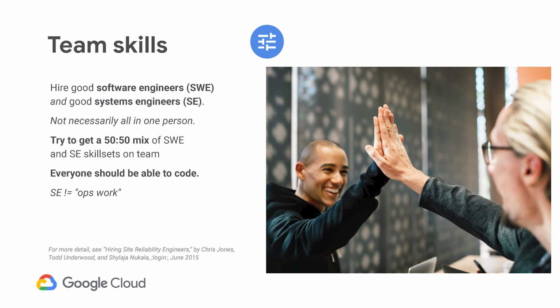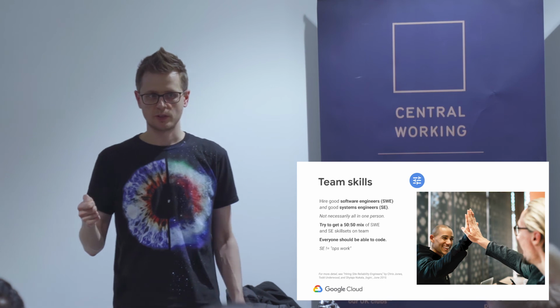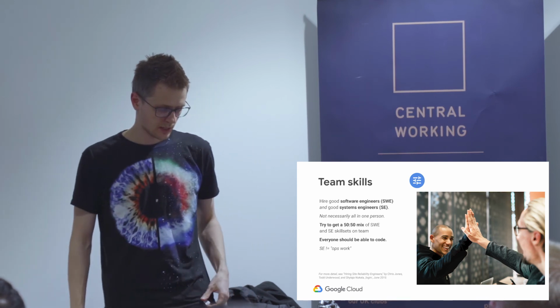As I mentioned, if you're going to treat operations as a software engineering problem, you need to hire people who can write code. We actually find that it works really well if you hire a roughly 50-50 split of people with a software engineering background and people with a systems engineering or networking background. This doesn't impact at all how we assign work within the team.